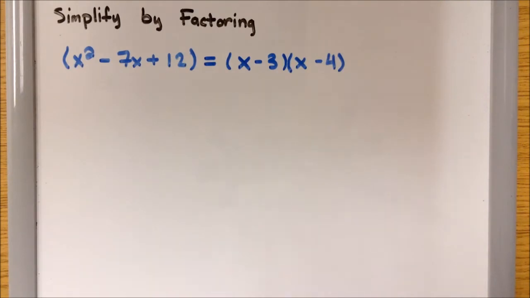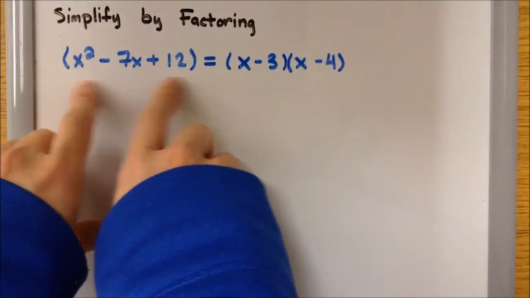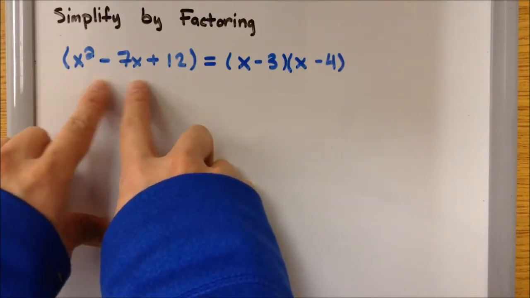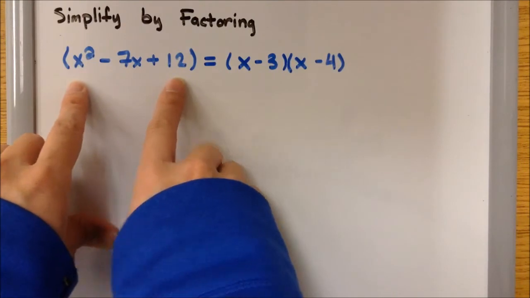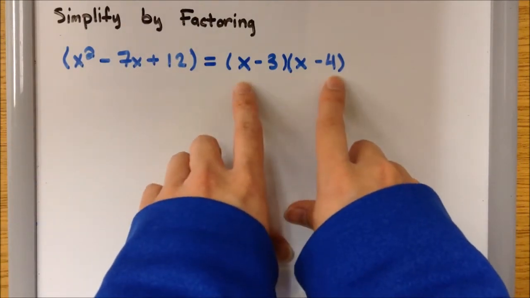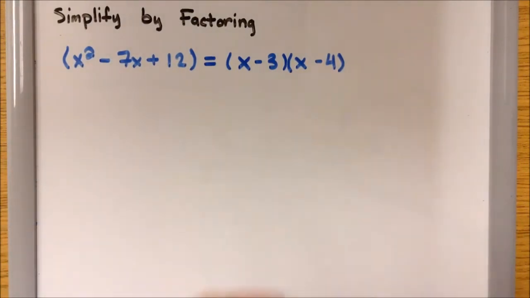So, in summation, when I'm asking you to simplify by factoring, all you're doing is converting or breaking down this big function into smaller parts which we can work with when simplifying.